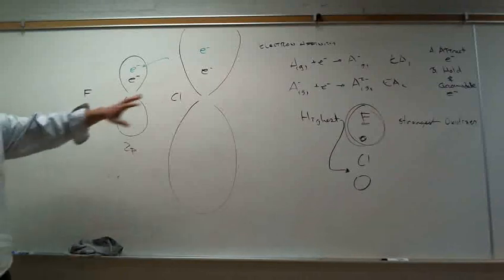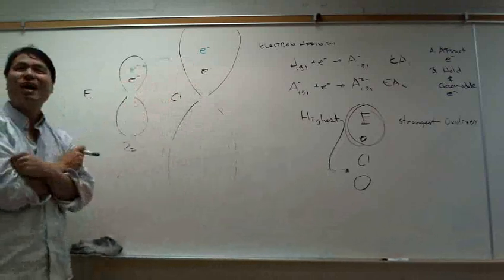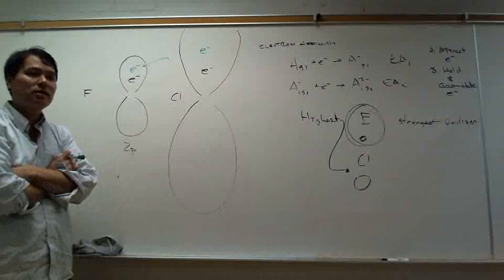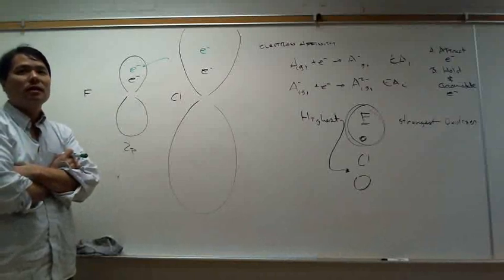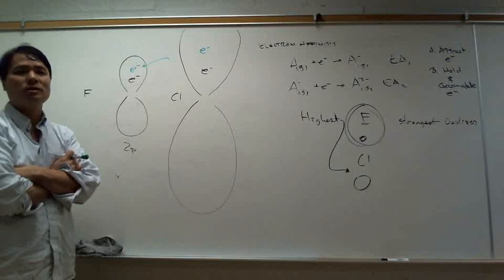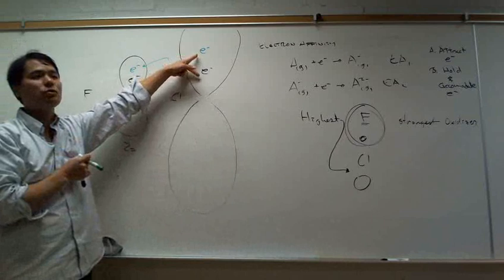There's more space, meaning there's less crowding, right? Less crowding means less, not necessarily collisions, but less repulsions. Both of these have the same charge, and so we always got to worry about repulsion.